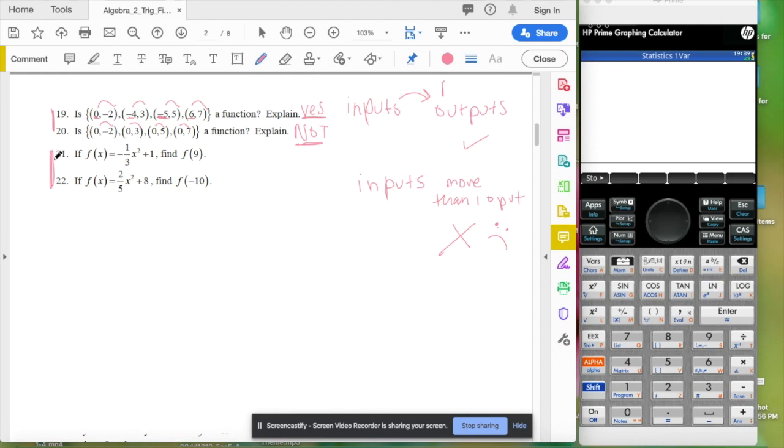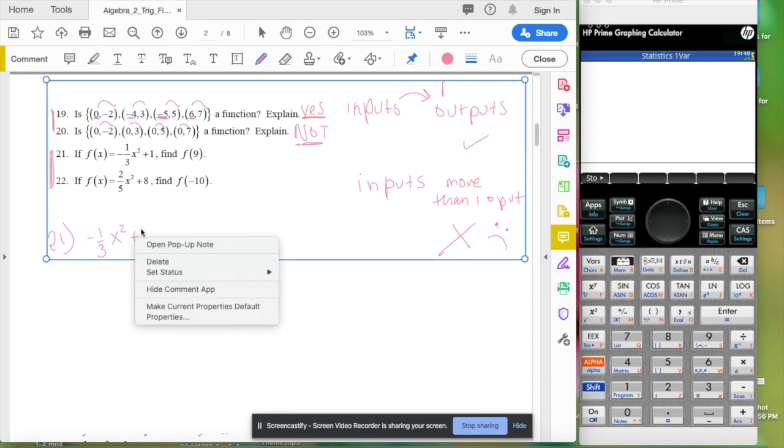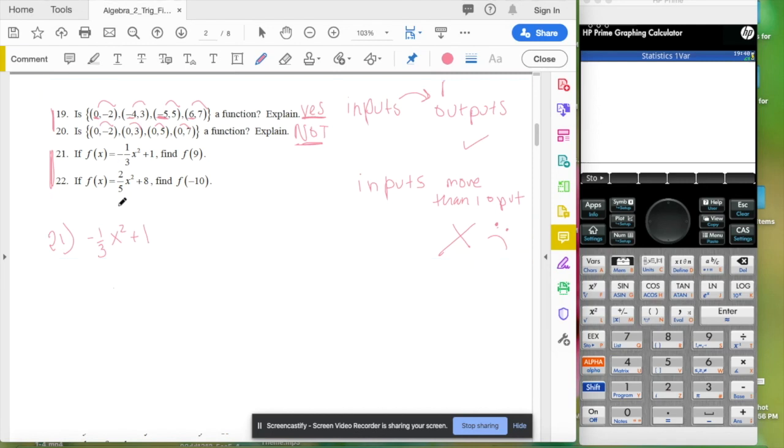So 21 and 22. I don't know why some of these trip you guys up, but they're really not that bad. These are just plug it in, plug it in. For 21, we have the function -1/3 x squared plus 1, and we want to find f of 9. All we have to do is plug in 9 for x.